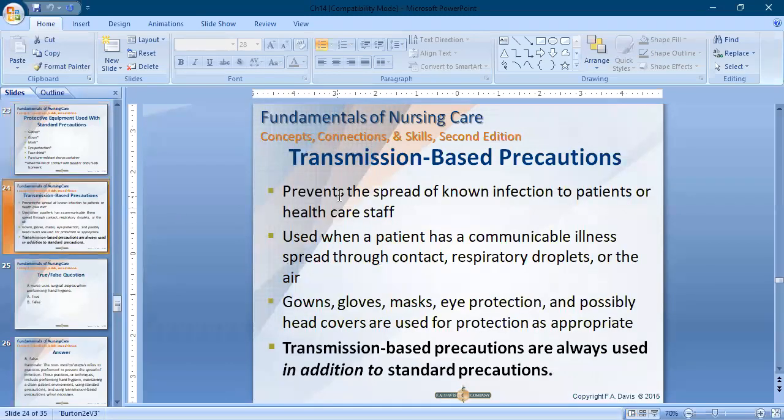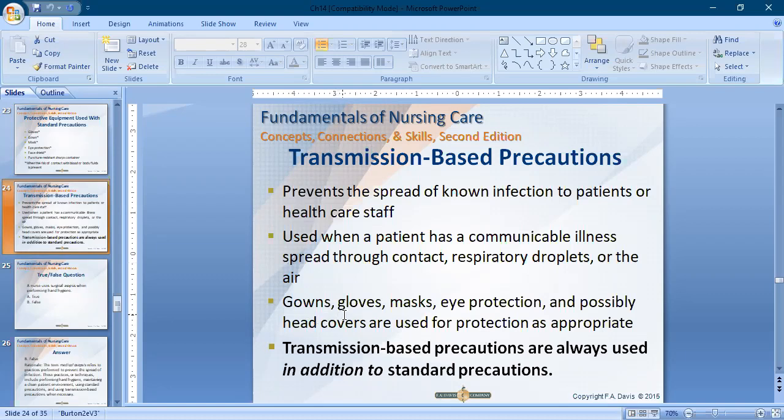Go here, some notes. Let me read. Prevent the spread of known infection to the patient or healthcare staff. Used when a patient has a communicable illness spreading through contact, respiratory droplets, or air.